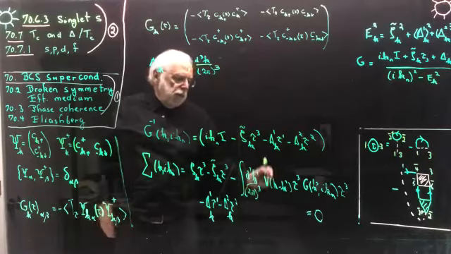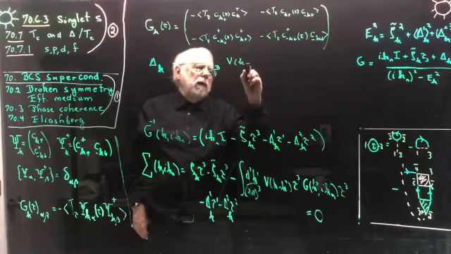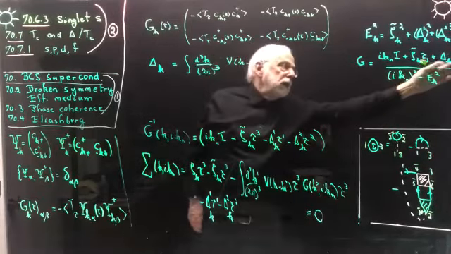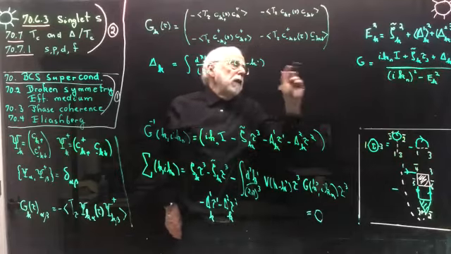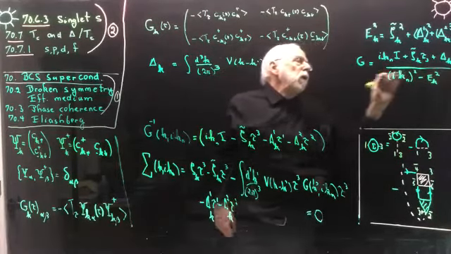Times v of k minus k prime. And then I get this delta. There's no square here. It was delta 2.